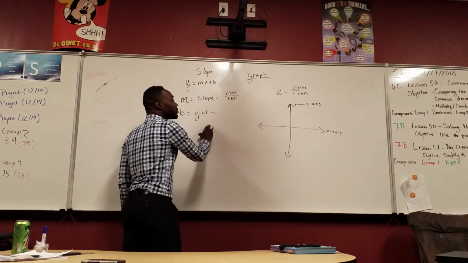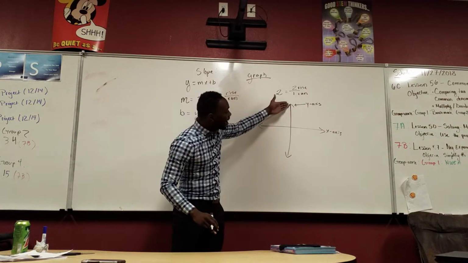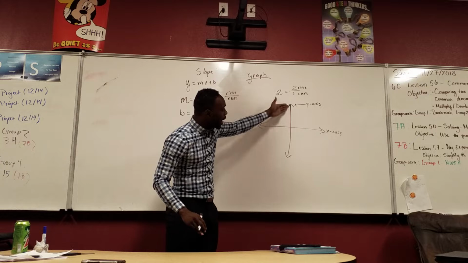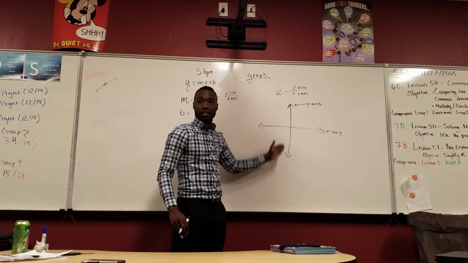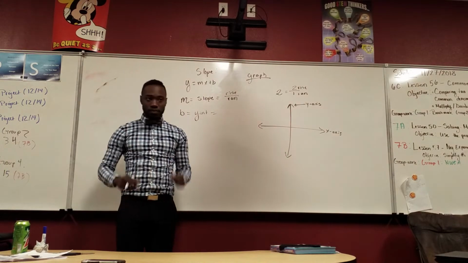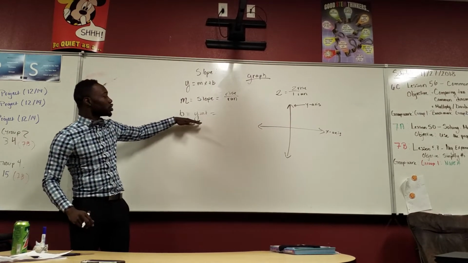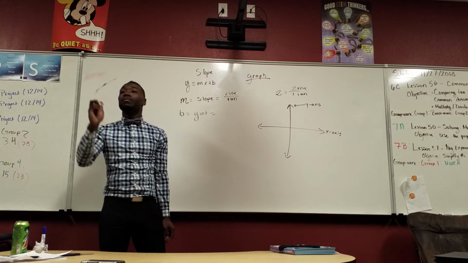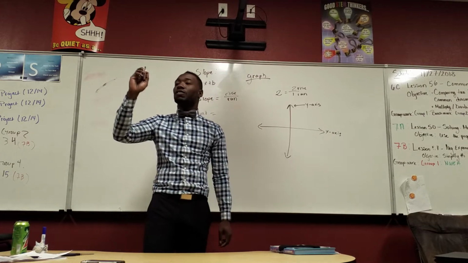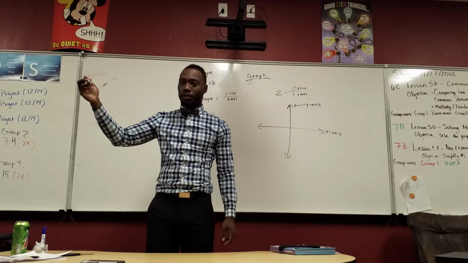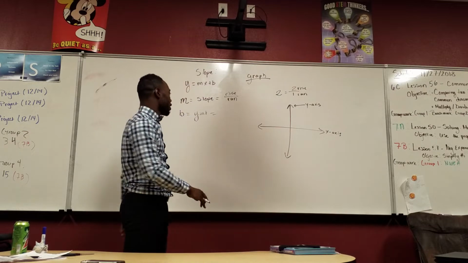The y-intercept lets us know where this line is going to cross the y-axis. That's why it's important. We graph our first point, which is the y-intercept, and then from that point, we can use the slope to find the next point. I'll go over it, don't worry.